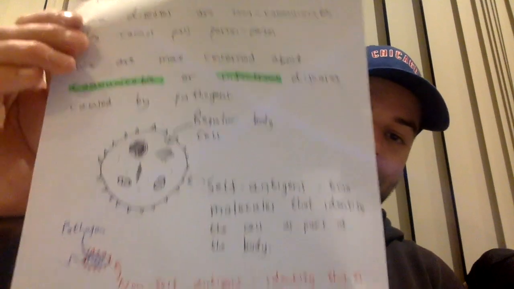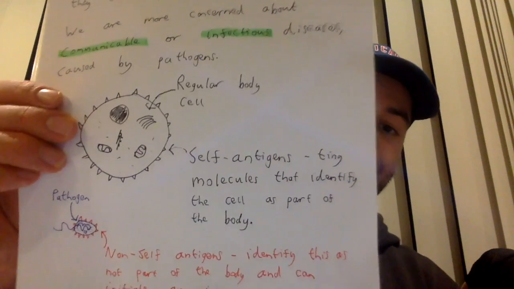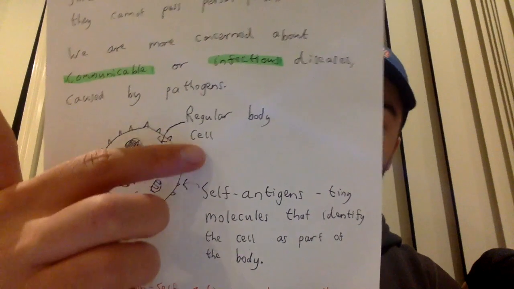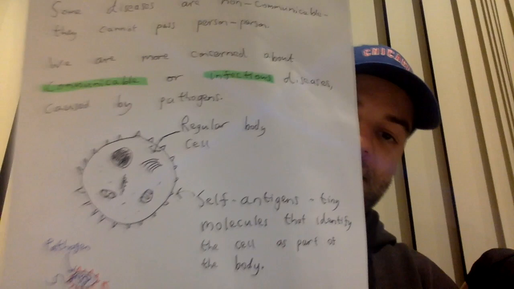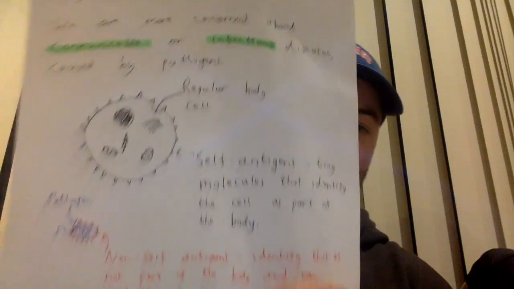Now, I've just drawn here a regular body cell, okay? And all around that regular body cell, there are these little bumps, and those bumps are meant to represent small protein structures on the outside of the cell, and we refer to those protein structures as antigens.